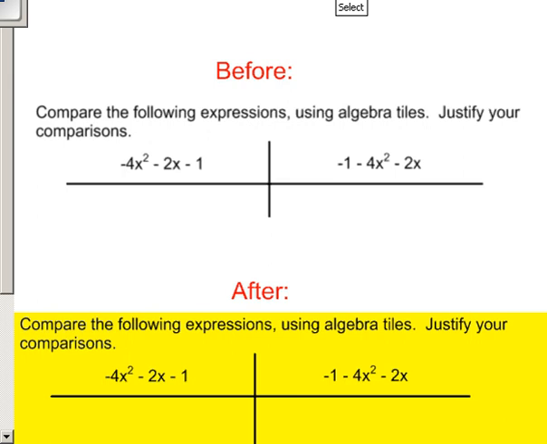So initially, my first activity was I asked to compare the following expressions using algebra tiles and to justify your comparisons. So what it looked like before was that there was, red is negative in this case, 4 negative x squared algebra tiles, 2 negative x algebra tiles, and 1 negative 1 algebra tile.